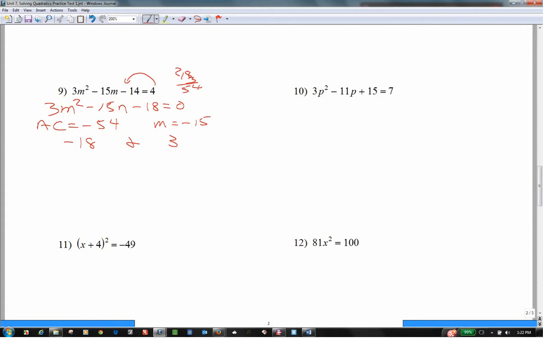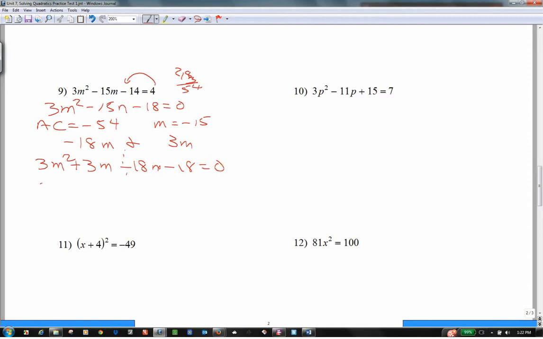Okay, so I'm going to go ahead and split the negative 15m. So I have 3m squared plus 3m. Now I'm going to subtract 18m because those are m's. Minus 18 equal to 0.